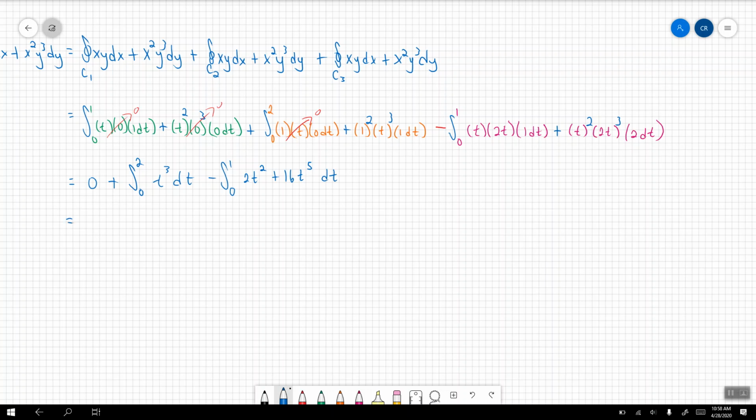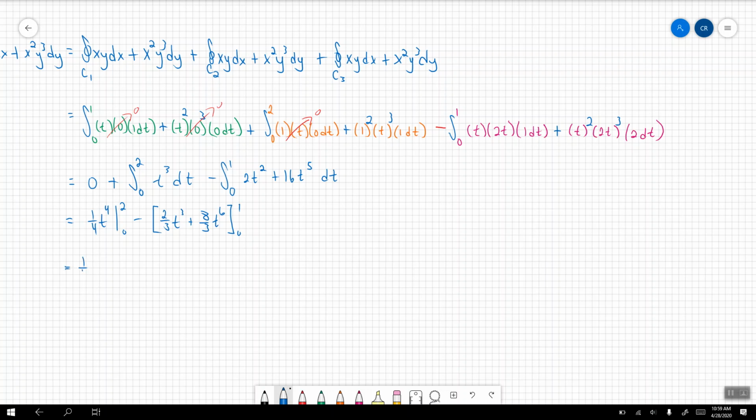So let's go through. That's going to be 1/4 t to the power of 4, evaluated from 0 to 2, minus 2/3 t to the 3rd, plus 16 divided by 6, that should be 8/3, t to the power of 6, evaluated from 0 to 1.